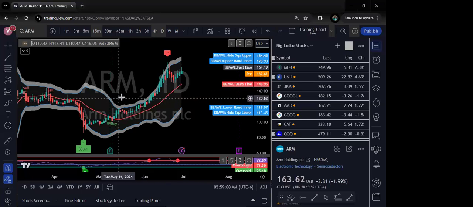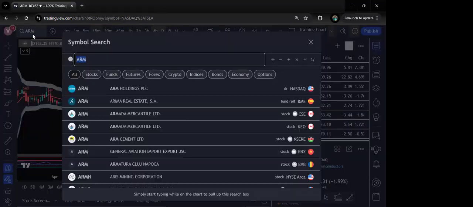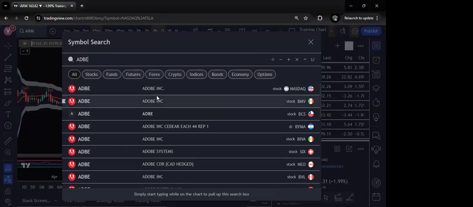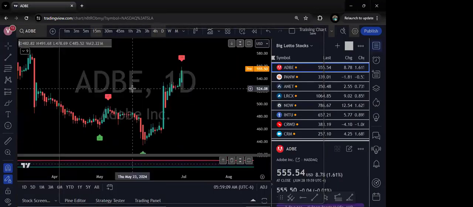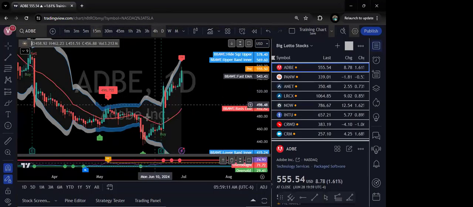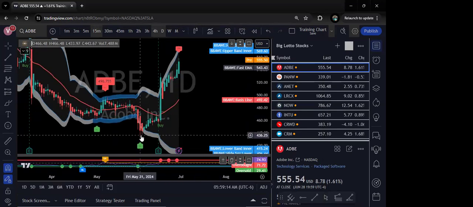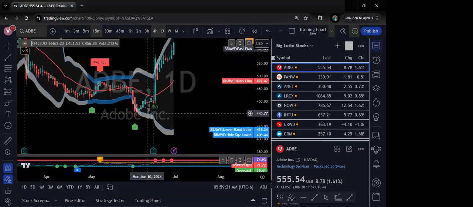Okay, then you have ADB, which you already looked at. So that's why you guys saw me talk about ADB. I think since it hit a 52-week low here, it was squeezing here, then dropped, and then it started going up.